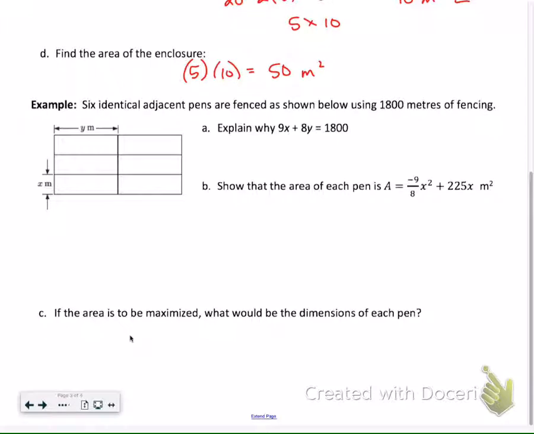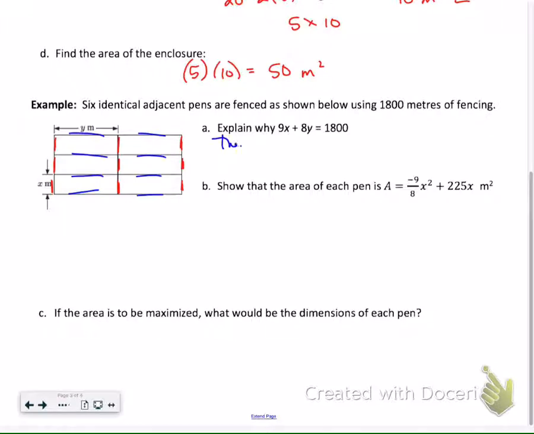Now, you might say, well, let's find the perimeter of 1 and take it times 6, but you've got areas that are duplicated, okay? So that being said, if we just look at this here, we have 9 places that are X, and we have 1, 2, 3, 4, 5, 6, 7, 8 that are Y. And really it's just a matter of putting that into words.